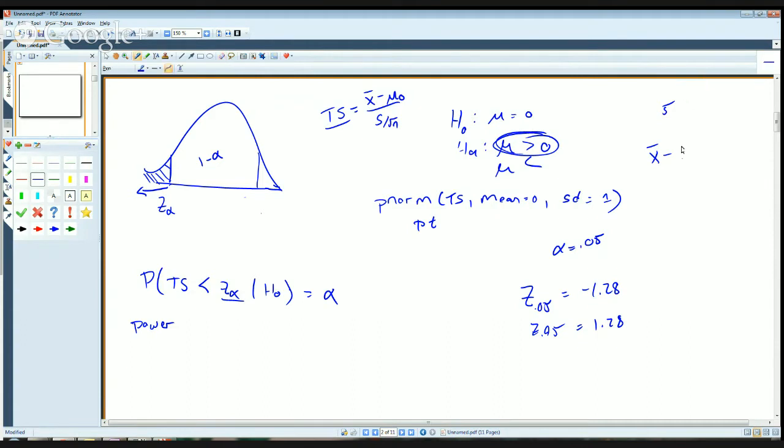Your test statistic is going to be x bar minus 5 over s over square root n. If you set it to this one, you'll reject if your average height is much bigger than 5 feet. If you set it to this one, you're going to only reject if your height is much smaller than 5 feet. It turns out that yields the correct type 1 error rate, but of course you're going to have a lot more power if you do the correct one-sided thing.